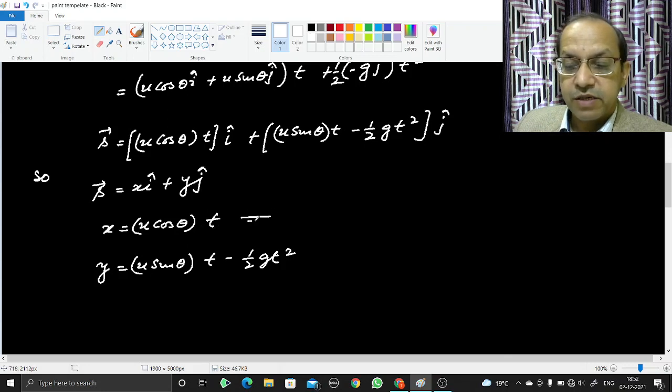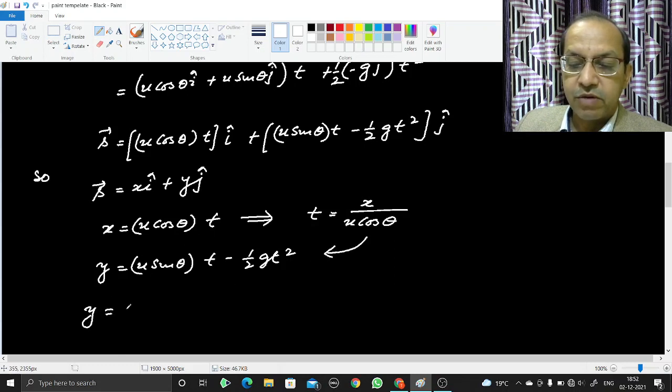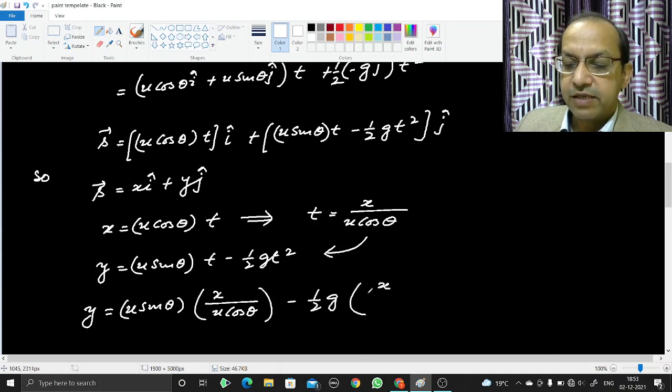So with the first equation, we can have t equal to x upon u cos theta. By substituting it into the second equation, we can have y equal to u sin theta, and t can be written as x upon u cos theta, minus half g t square, where t is x upon u cos theta squared.